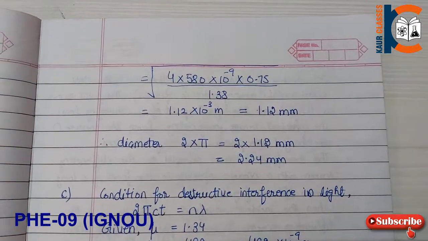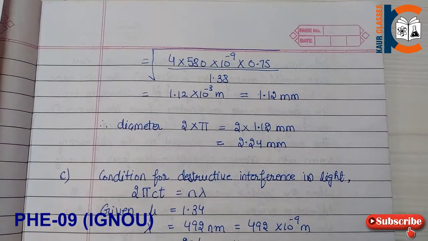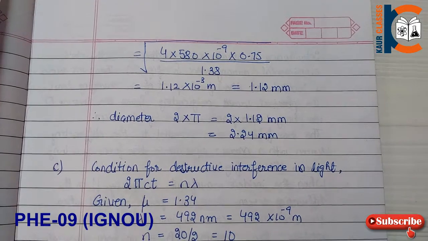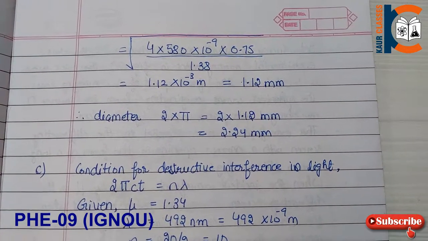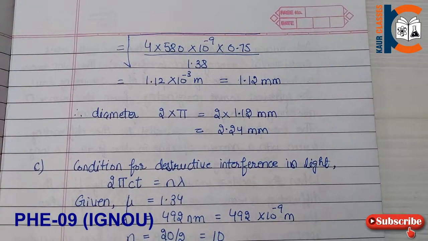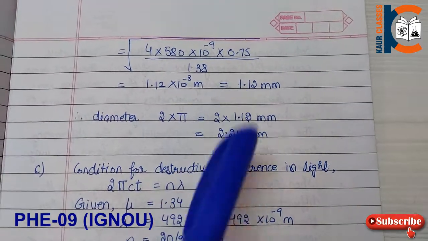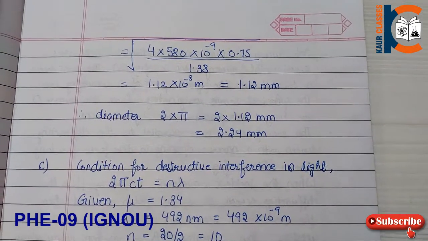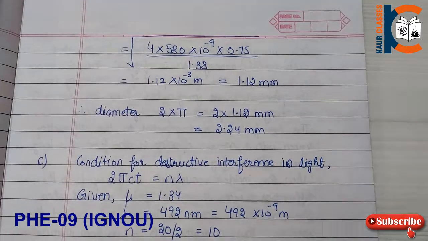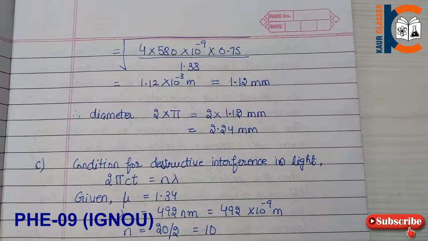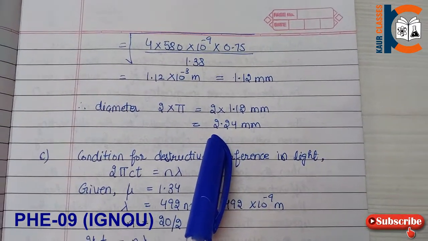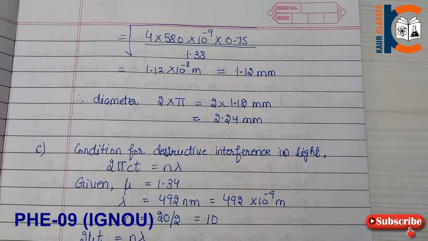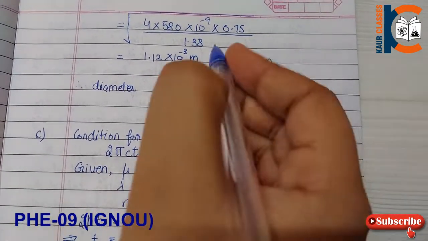Please do it yourself before noting down this numerical, just to confirm that the exact numerical value matches. So the diameter equals 2 into Rn.